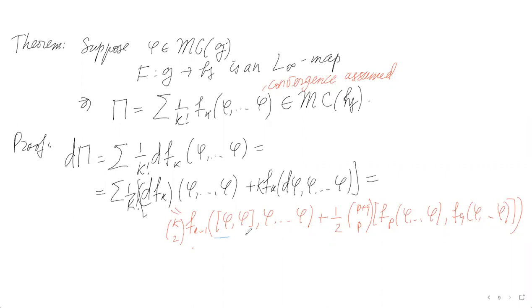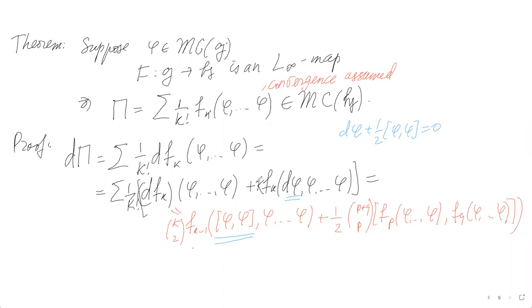So this element and this element will actually cancel out because d phi plus 1/2 [phi, phi] is equal to 0. Phi is a Maurer-Cartan element, right? So these 2 elements will cancel out because of the Maurer-Cartan identity.